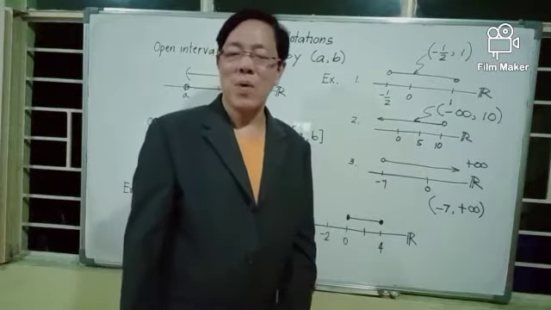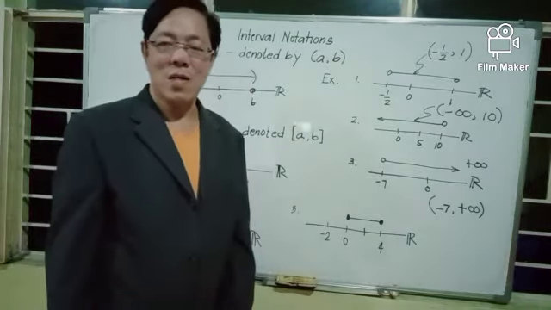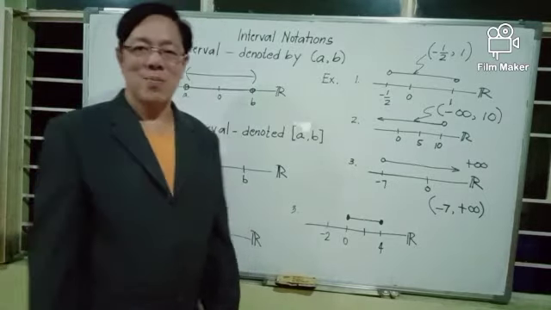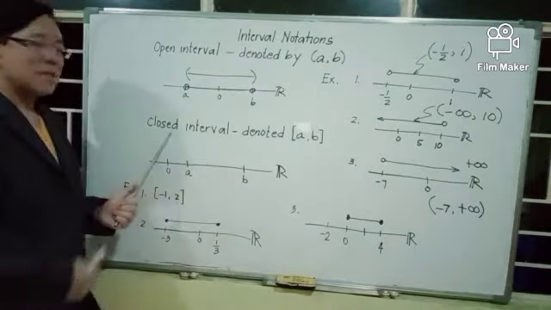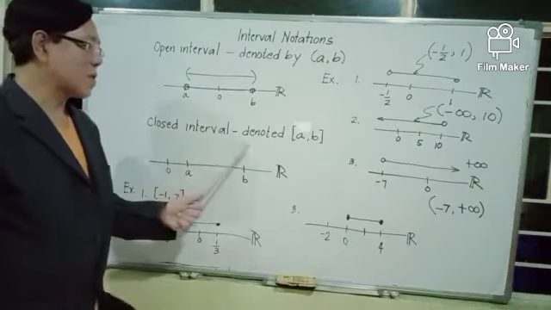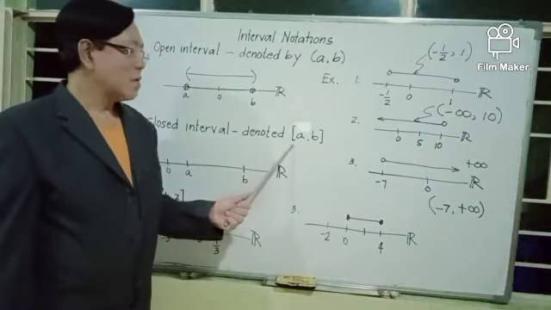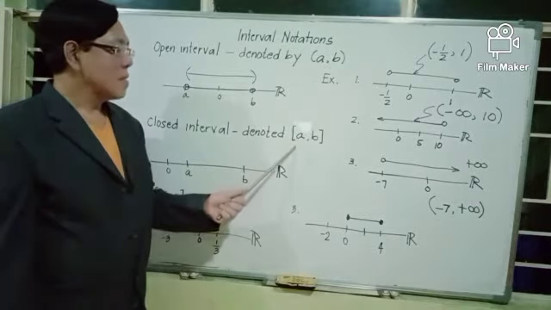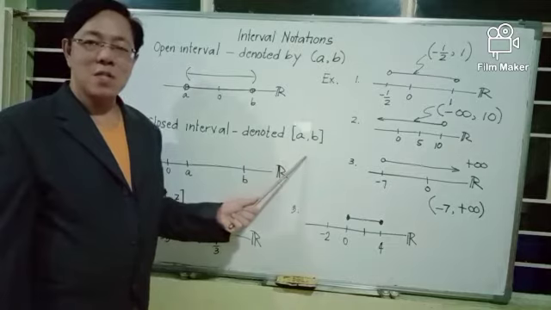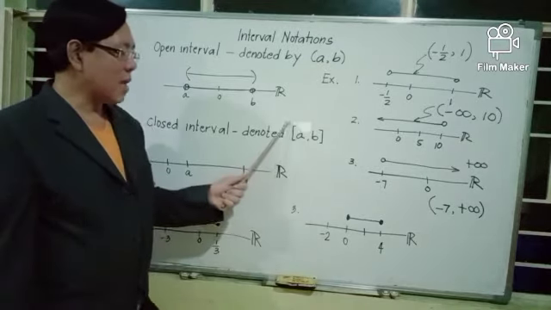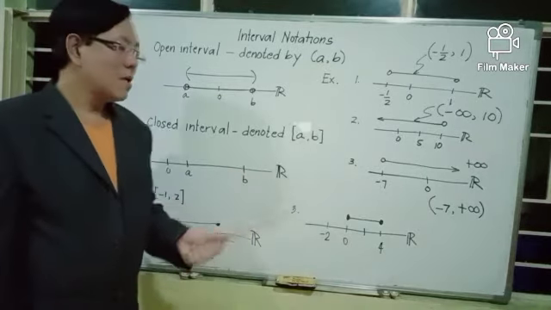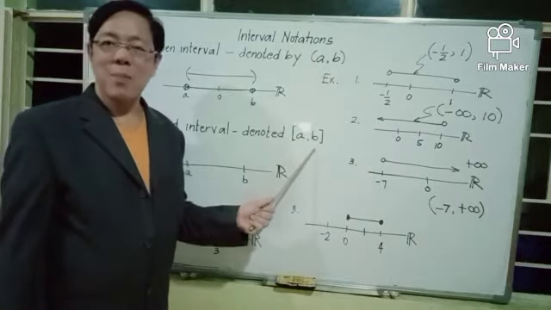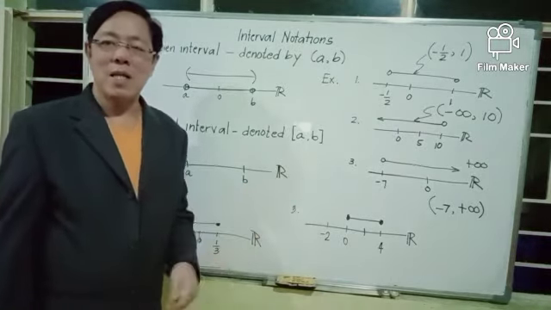The second type of interval is the closed interval. The closed interval is denoted by this notation. We have now a pair of brackets, A and B. This is the closed interval A and B. And the brackets indicate that the endpoints, the left endpoint A and the right endpoint B, are now included in the set.